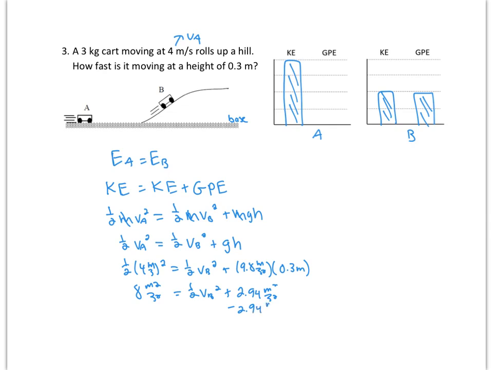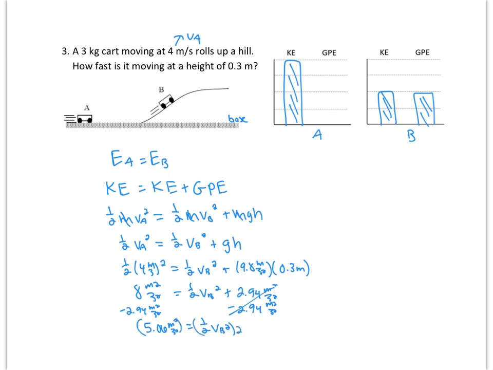I'm going to subtract the 2.94 from both sides, and I get 5.06 meters squared per second squared.